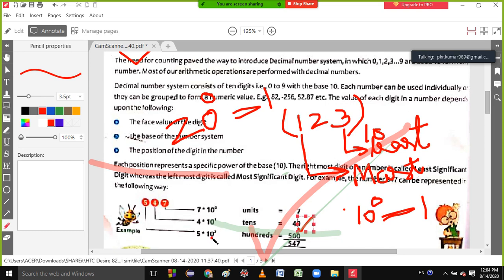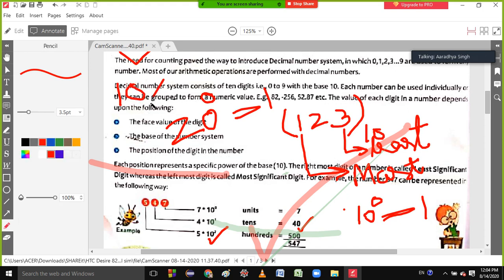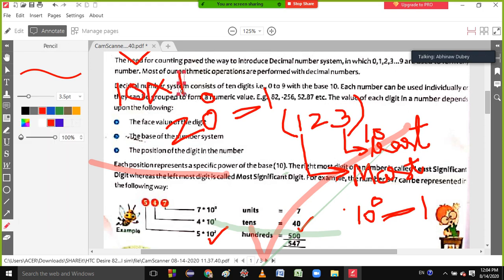What is the value of 10 power 2? 10 power 2 value is 100. If you do not know the power numbers, 10 power 2 means 10 multiply 10, and the value will be 100.